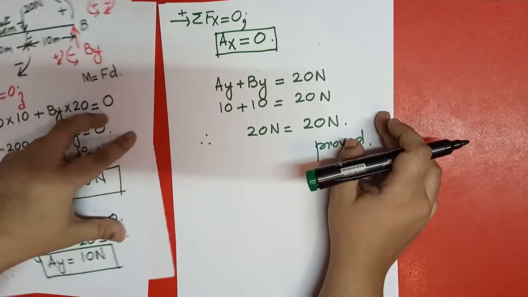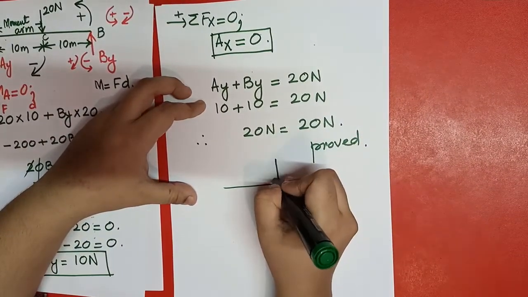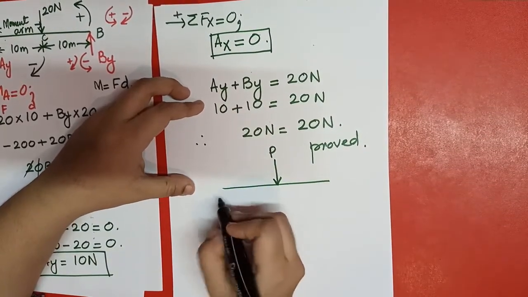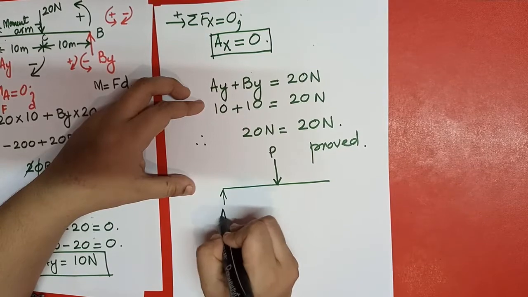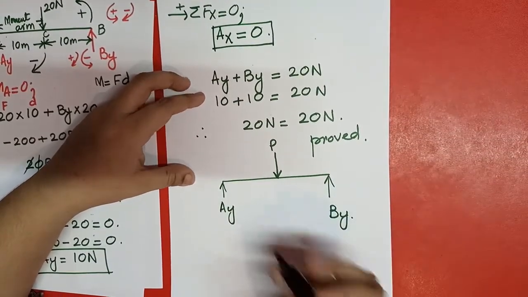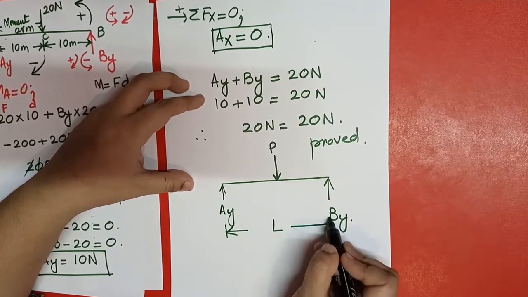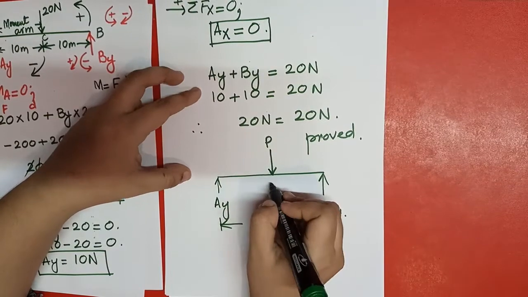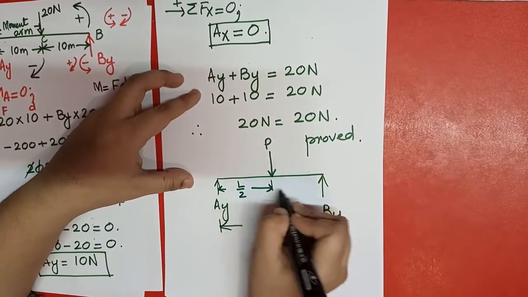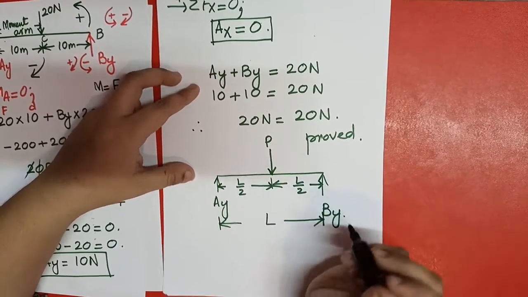For example, if I want to write it in the general form, suppose this is point P, and this is the support Ay, and this one is By, and the length of the beam is L. This should be L by 2, and this should be L by 2 if the force is acting at the center of the beam.